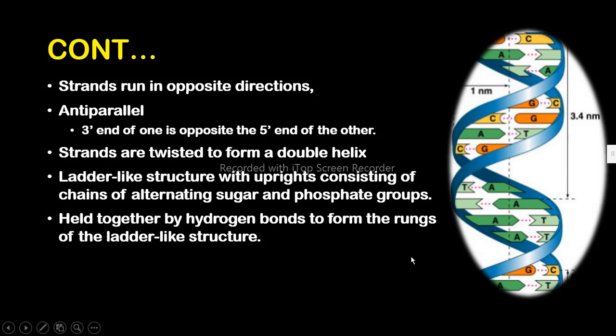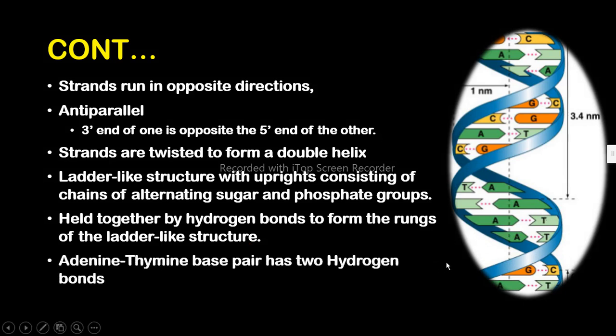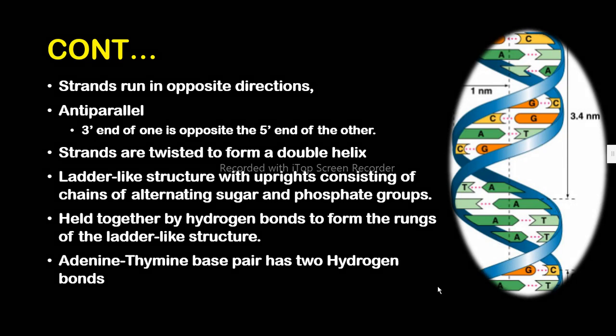Now if you try to identify, the DNA is stable in a way that the distance between the two phosphate backbones, from here up to here, will always be constant from DNA to DNA.